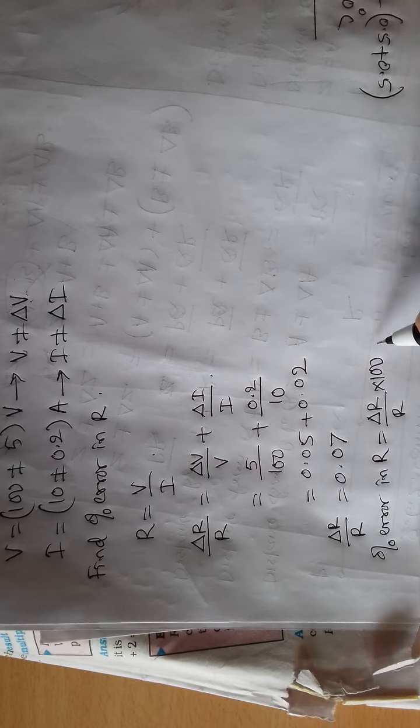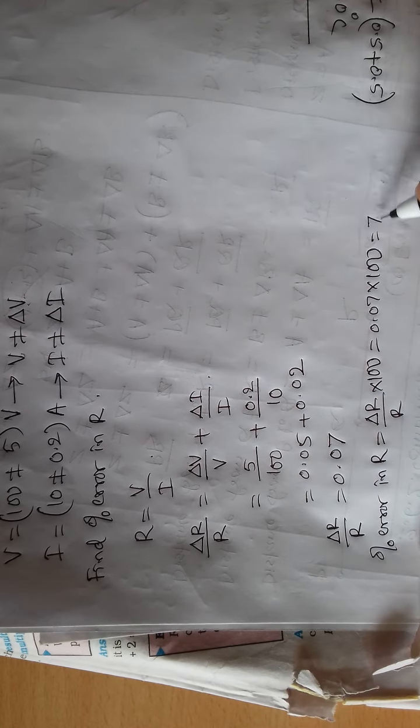So this is the relative error in resistance. So the percent error in R is equal to the relative error multiplied by 100. So 0.07 multiplied by 100, we get 7%.